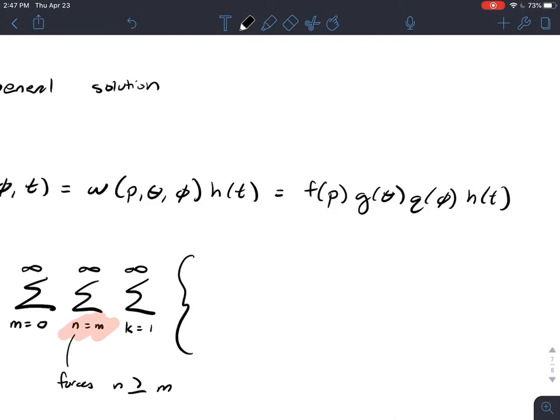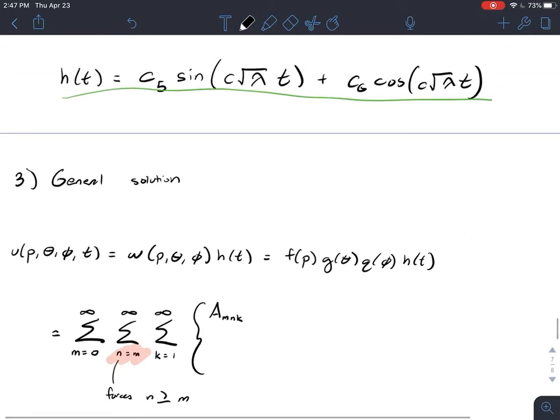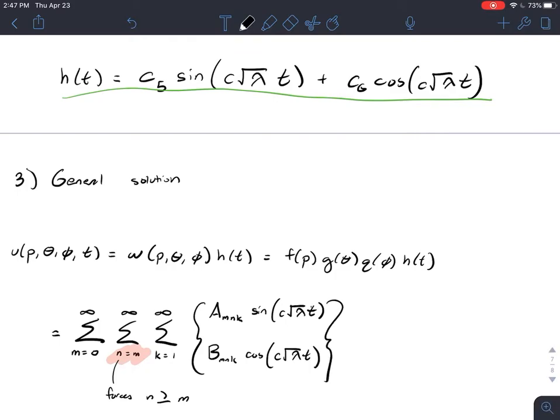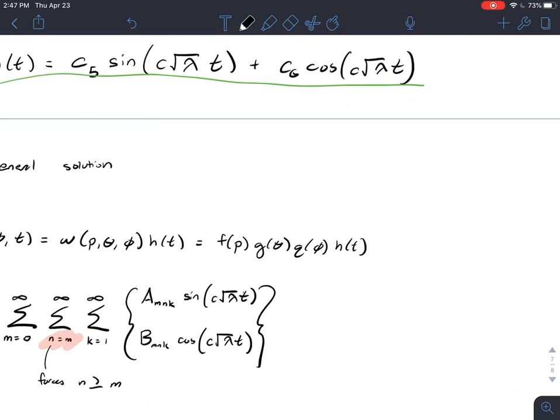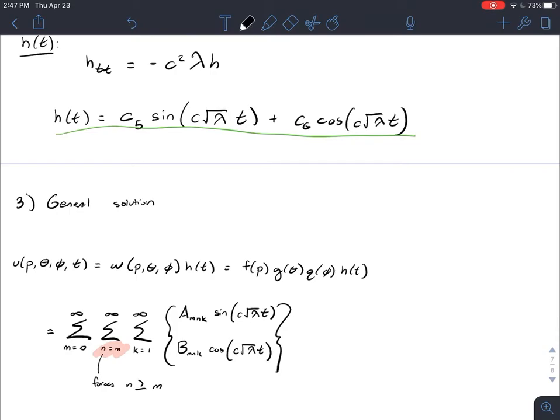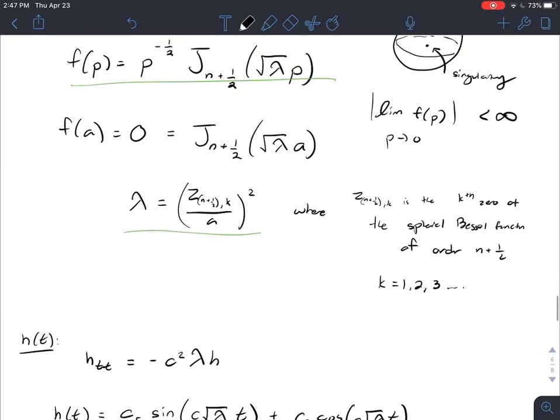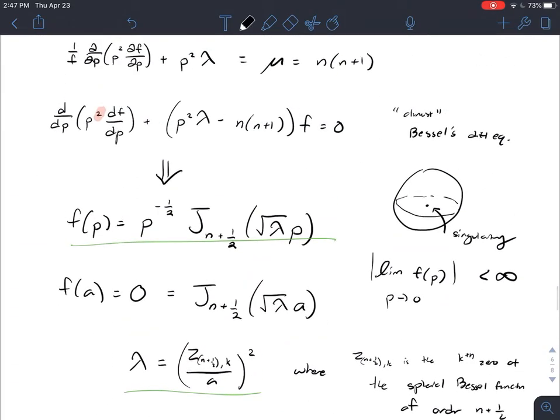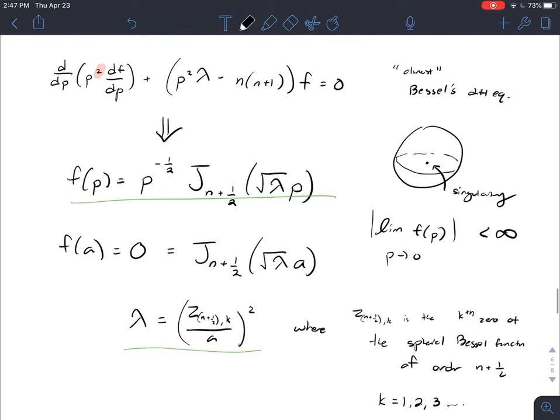So let's have a sub m, n, k of sine c lambda t, and then b sub m, n, k cosine c lambda t. The notation of these curly brackets is like product solutions or matrix multiplication, essentially. Actually, it's matrix multiplication.